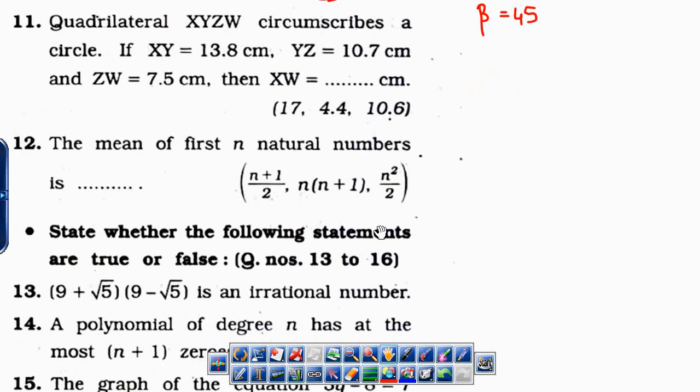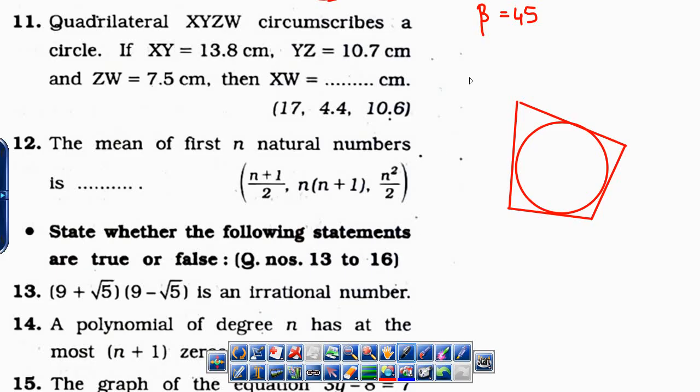Quadrilateral XYZW circumscribes a circle. Its figure will be something like this. You have to draw a circle. The circle will touch all the sides of the quadrilateral from the inside.